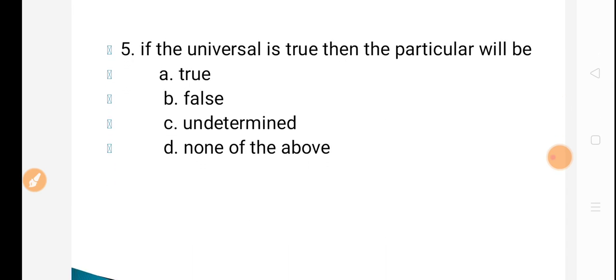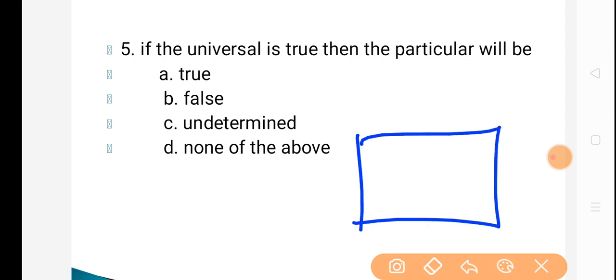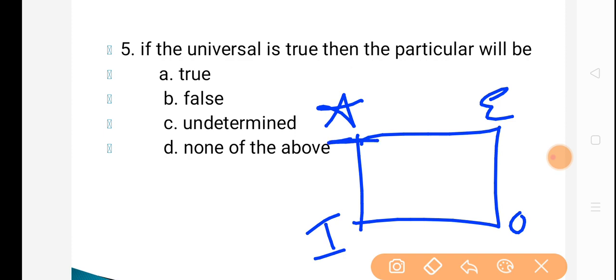Fifth question. If the universal is true, then the particular will be. I'm drawing the same picture here, A, E, I, O. If the universal is true, if A is true, then the particular will be, the subalternation.